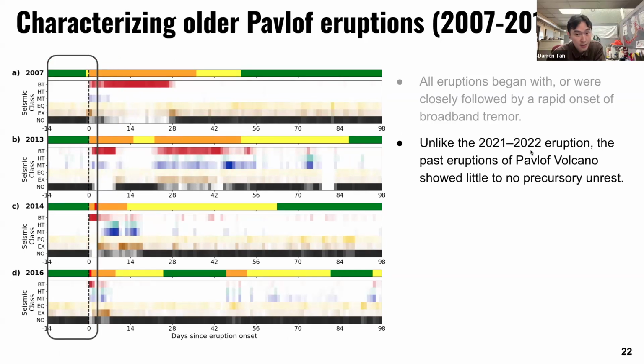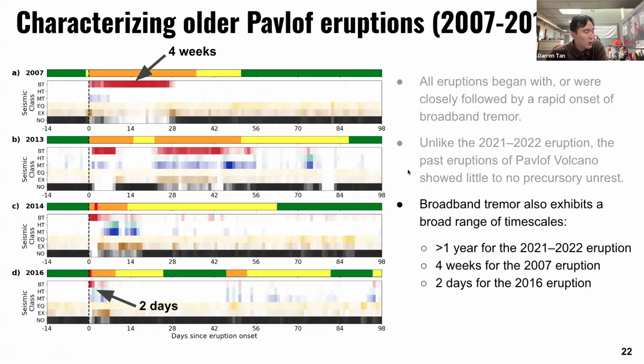Unlike the 2021 to 2022 eruption, past eruptions don't really show any precursory unrest. The 2021 eruption was preceded by weeks to almost months of different tremor diversities, whereas for the past 4 eruptions here, we don't really see too much evidence of that. We also see that broadband tremor and the eruption itself exhibit a broad range of timescales.